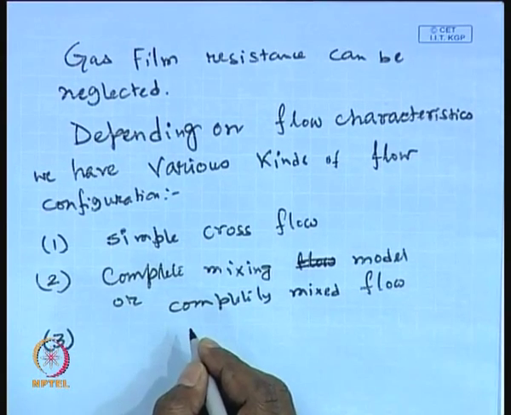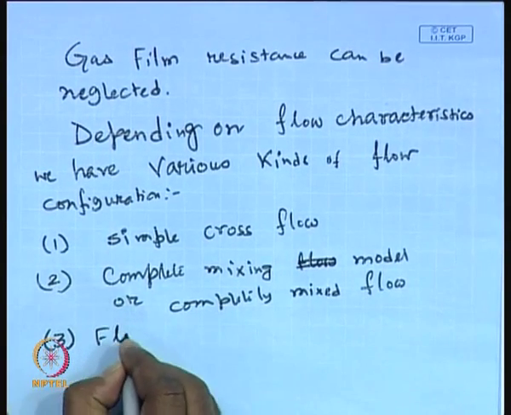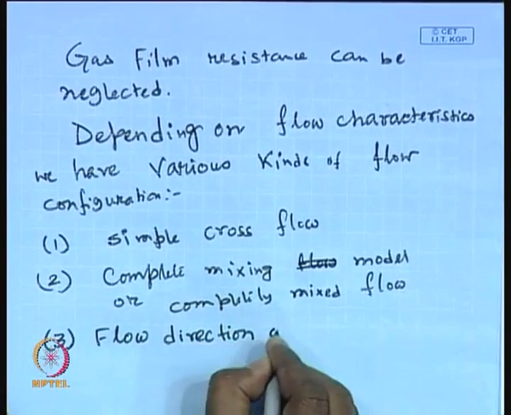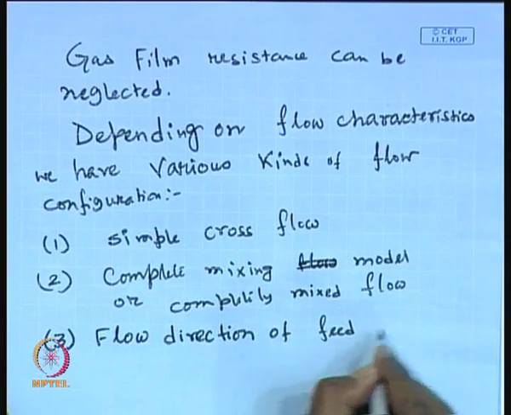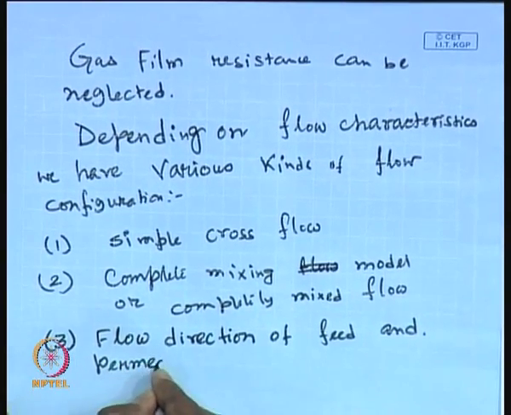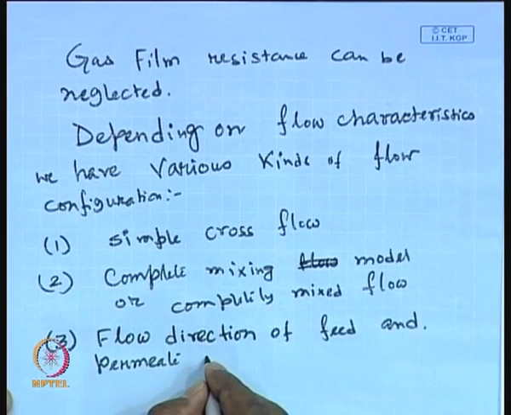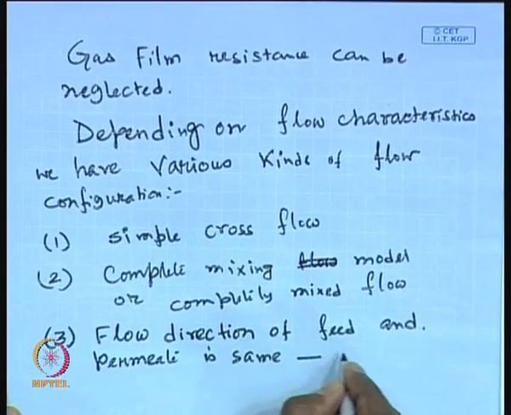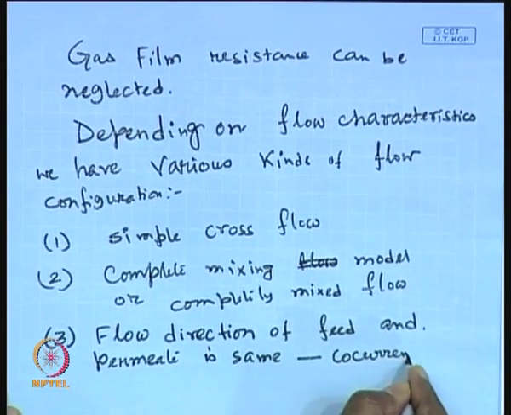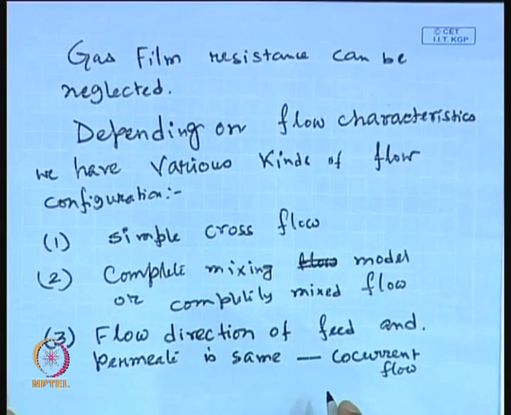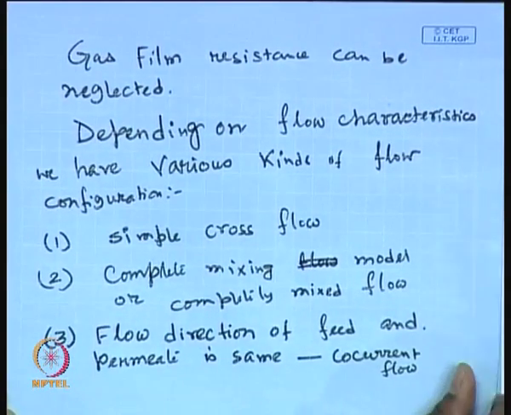If the flow direction of the feed and the permeate are in the same direction, then it is a co-current flow. And if the flow direction of the feed and permeate are in the opposite direction, then it is called a counter current flow.